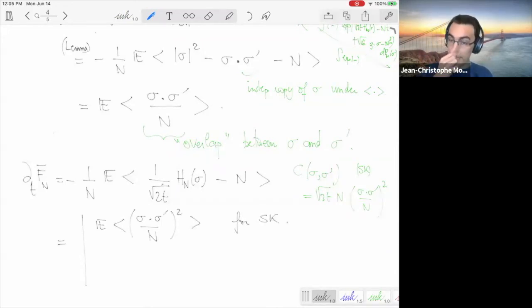And for the bipartite case, what we get instead is this thing that involves the product of the scalar products. So maybe expectation of, in general, is this Xi function.